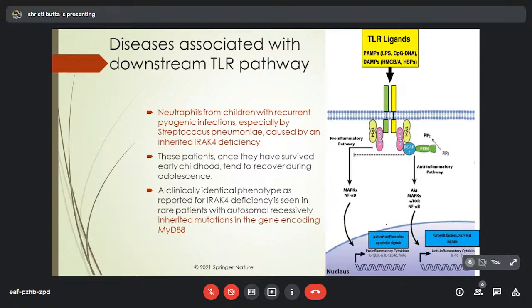There is production of pro-inflammatory and anti-inflammatory cytokines, like interleukin-1 beta, 6, 12 and TNF-alpha being pro-inflammatory, whereas interleukin-10 is anti-inflammatory. Neutrophils from children with recurrent pyogenic infections, especially Streptococcus pneumoniae, are caused by an inherited IRAK4 deficiency. In addition, inherited mutations in the genes encoding MYD88 are also implicated in a similar phenotype.